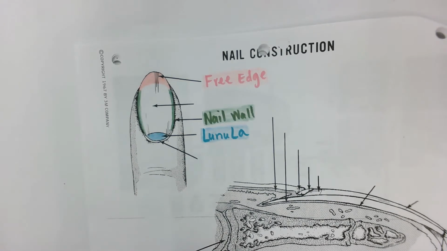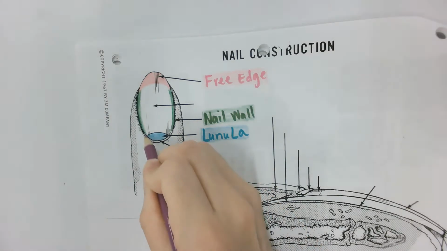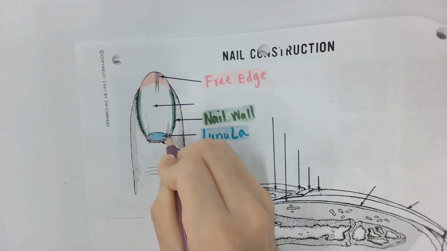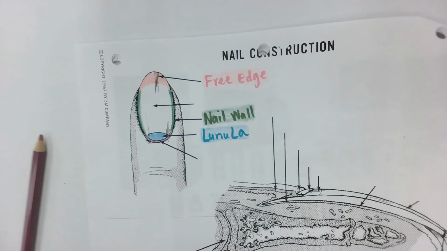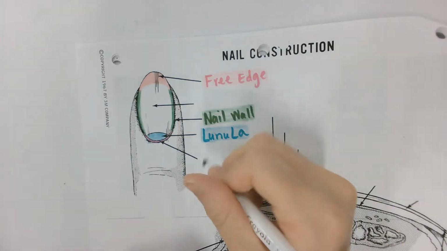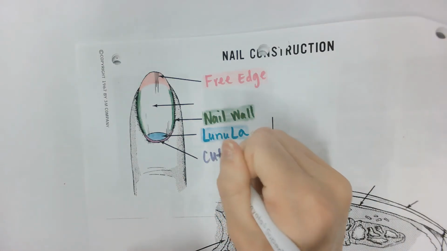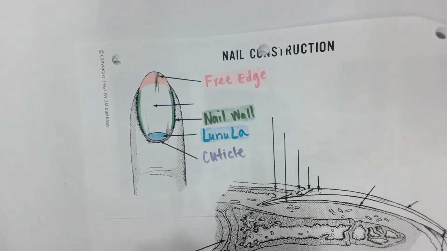Then next, you have this little smile line, very thin piece right here. This is the cuticle. The cuticle is a thin, white or clear, transparent covering, per se.